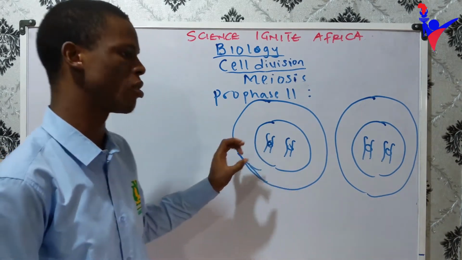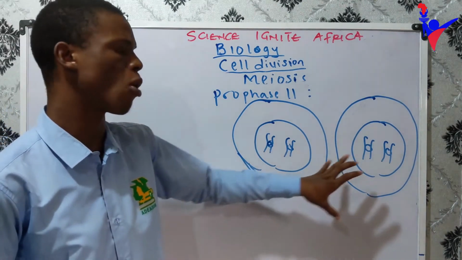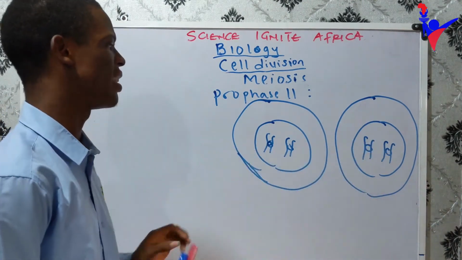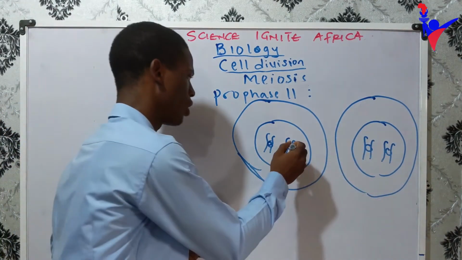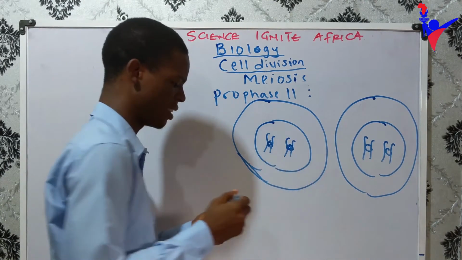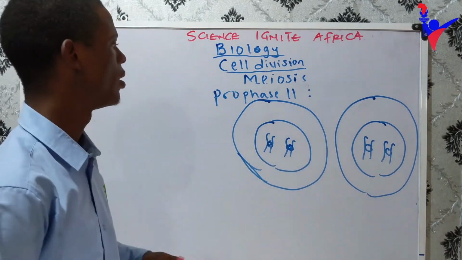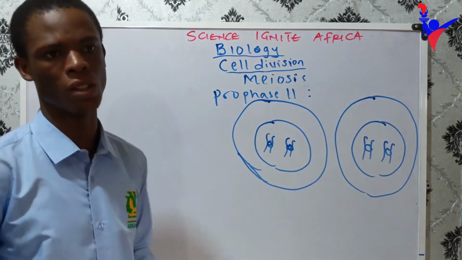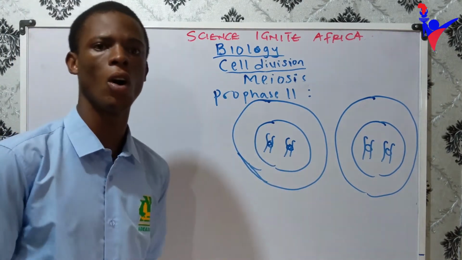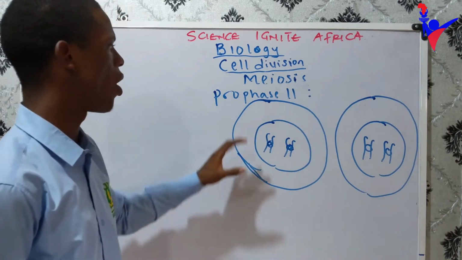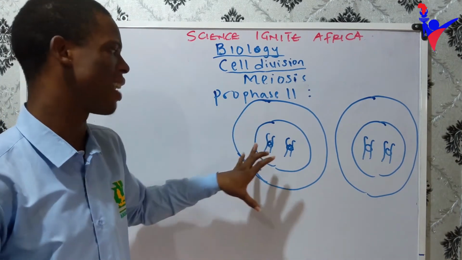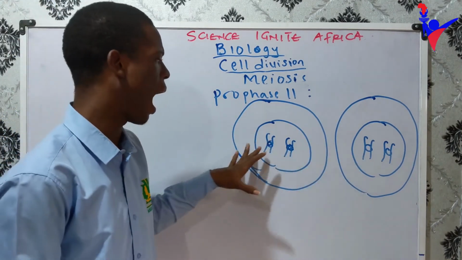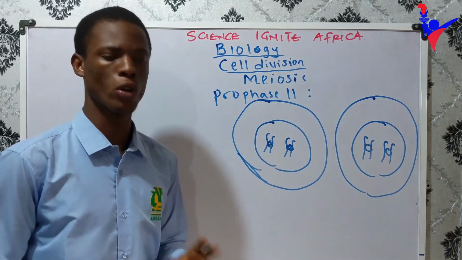This is just what you see when you observe a cell that is undergoing a meiotic division, for example, a sperm cell or an ovum. So when we observe the prophase 2, you can see that each daughter cell has its own chromosome.